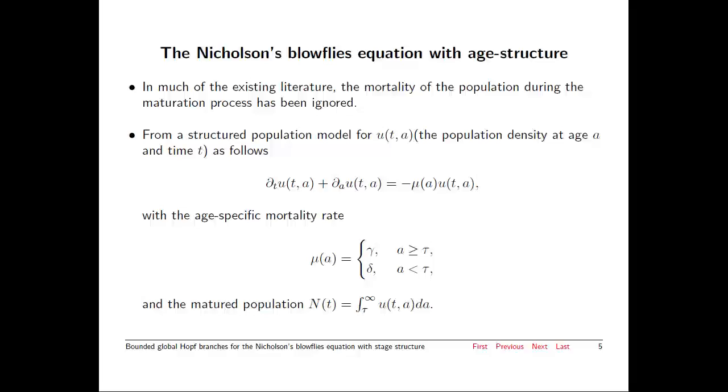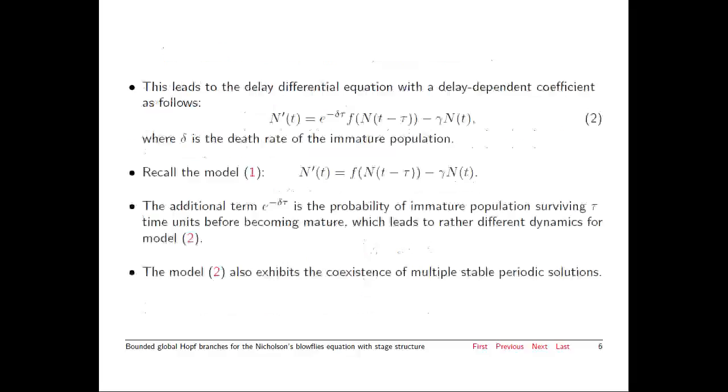And then we can calculate the derivative of N(t) and use the PDE method. We can find that this leads to a delay differential equation with a delay-dependent coefficient, a model to describe the Nicholson blowfly model with age structure. So this is our model, the Nicholson blowfly model with age structure.